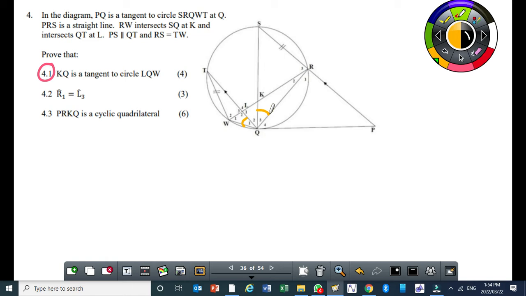That will be Q3. So Q1 and Q3 are equal, based on equal chords subtending equal angles at the circumference. Do you remember that? Okay, so we have got a chord TW, we've got a chord SR. Both subtend angles at the circumference. So Q1 is equal to Q3.